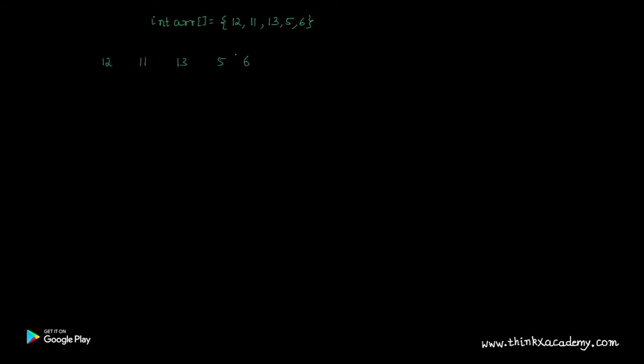So the first thing that we are going to do in the algorithm part is we will pass this array to the insertion sort function, and so this is basically our array. Let me divide all these elements first.